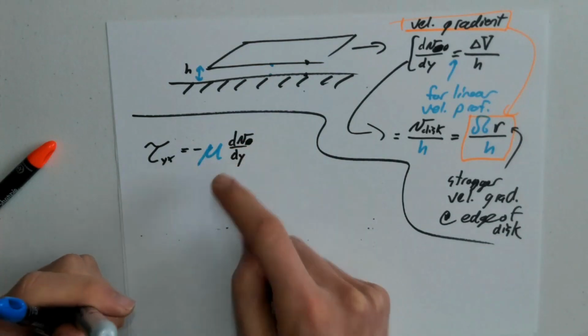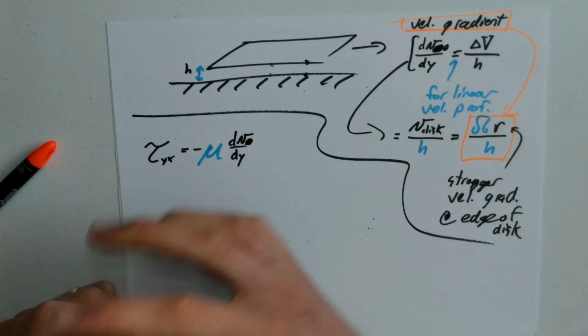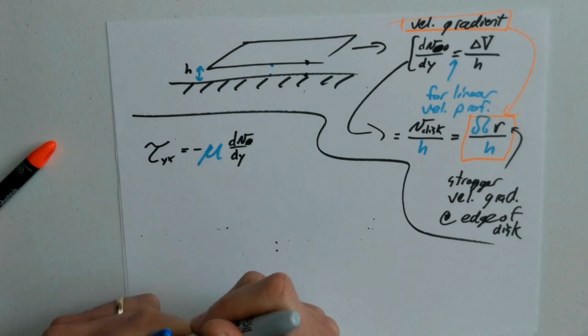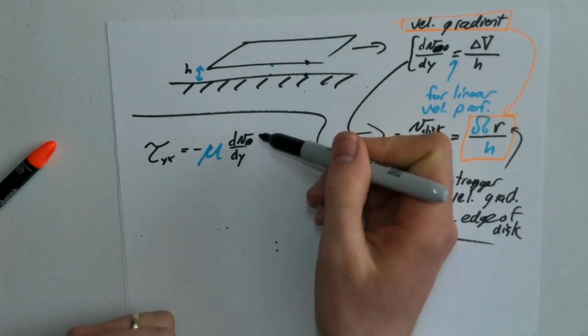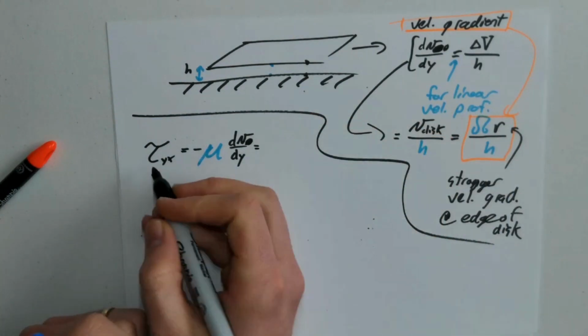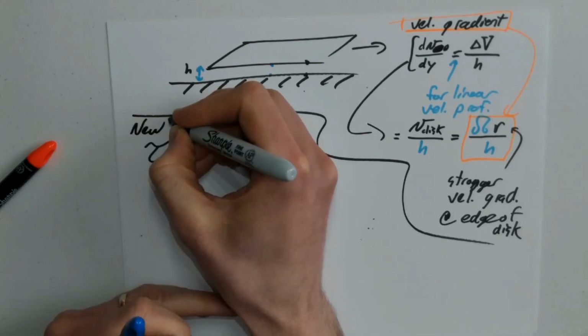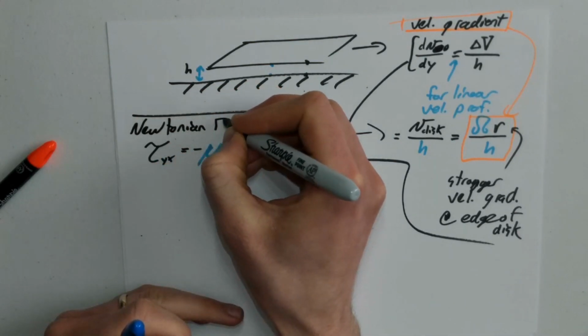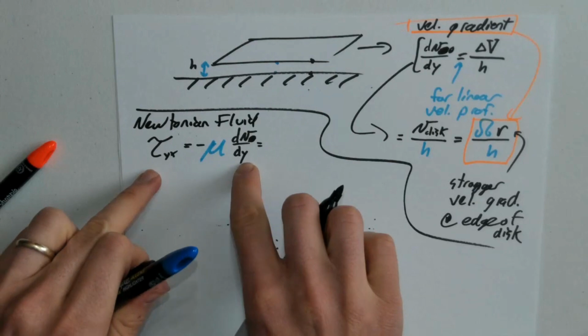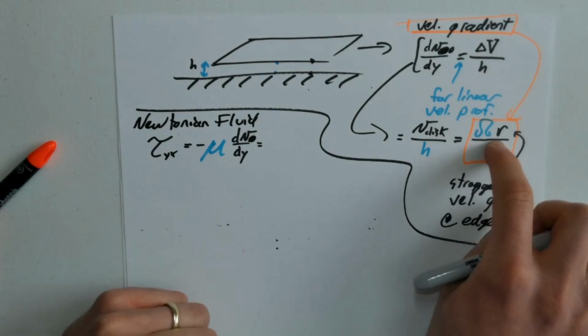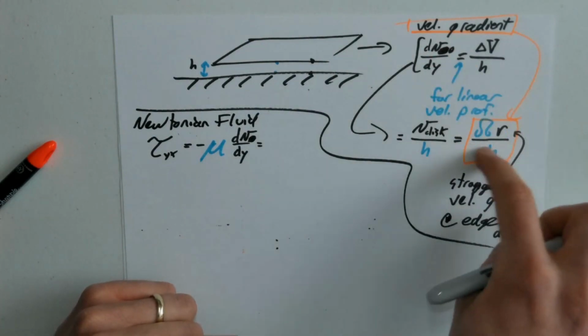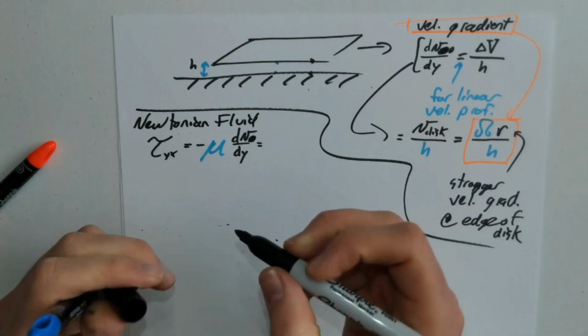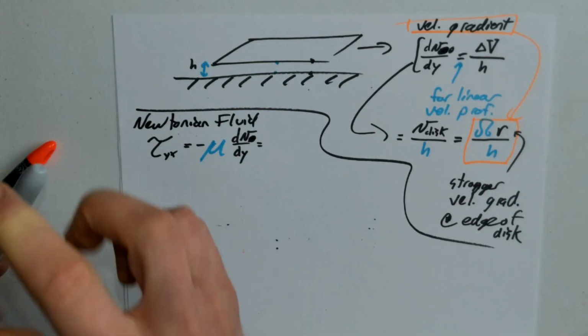I digress. But we have an expression for this that we can plug in. For a Newtonian fluid, this relationship applies, and we can now sub in the expression for velocity gradient here.